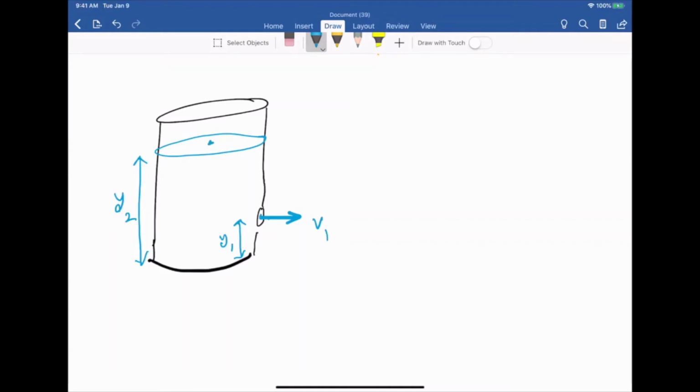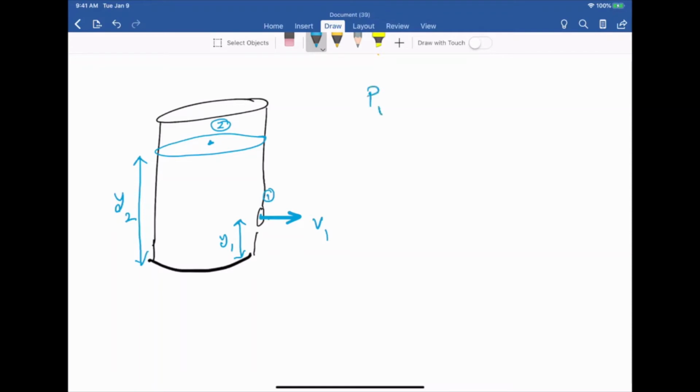So our point 2 is on the surface of the liquid, and our point 1 is somewhere at this hole where the liquid is gushing out. Both of these points are in contact with the atmosphere, so their pressures are just atmospheric pressure. Let's apply Bernoulli's equation to both points.